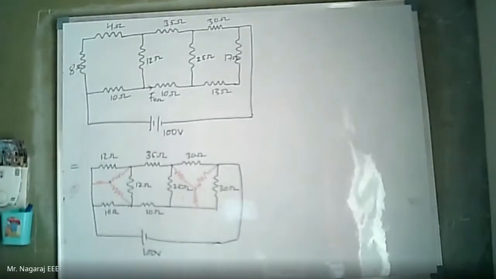So I have two star connections here. If you want, you can name the nodes, but naming the nodes may take a lot of time. Directly we will use the formula.